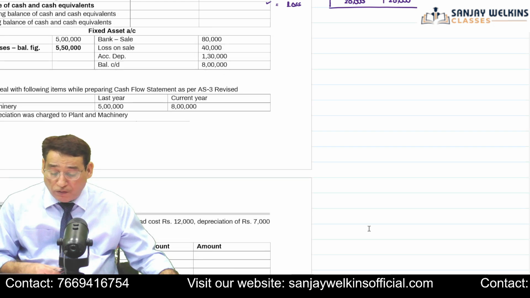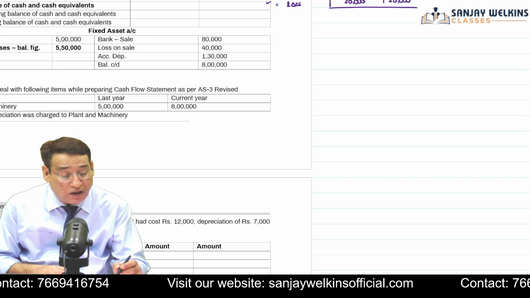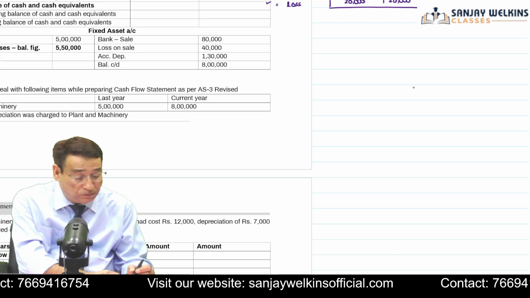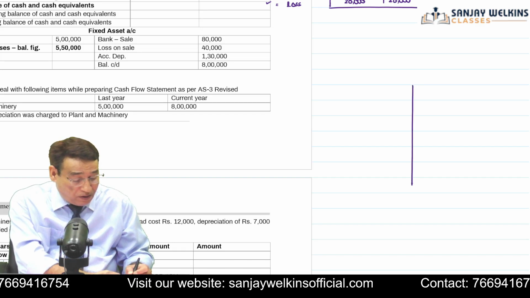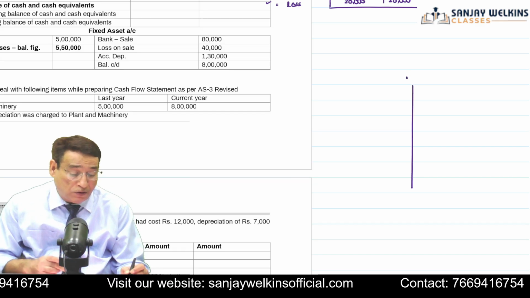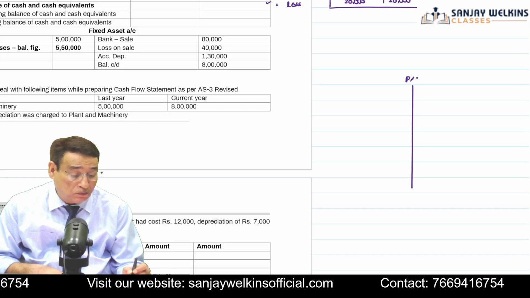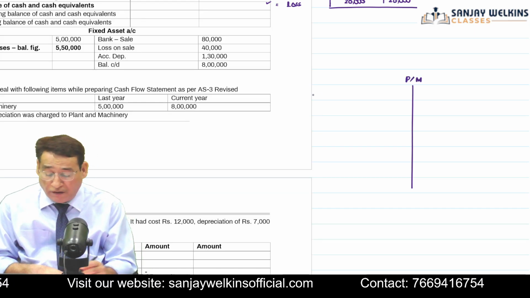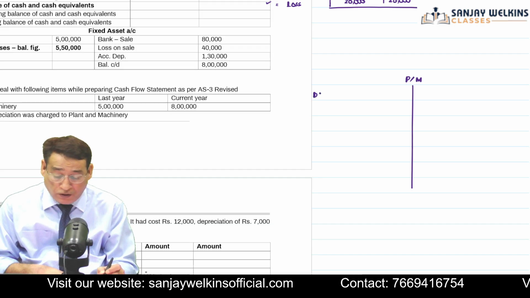So when I am going to prepare the account in this particular case, I will prepare plant and machinery account. First of all, I will be writing balance brought down, that is equal to 5 lakh.